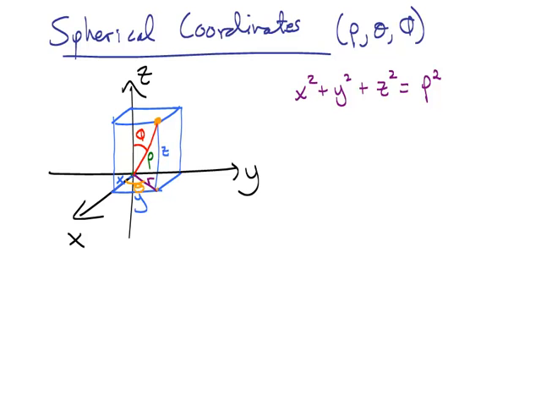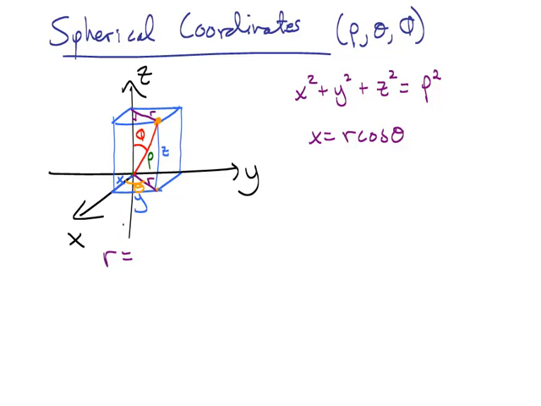Now we also remember that, in terms of theta here, x is equal to r cosine theta, but what is r equal to? If you look down here, you can make a copy of r up here, and you can think of r as being the opposite side of this right triangle formed with an angle of phi.